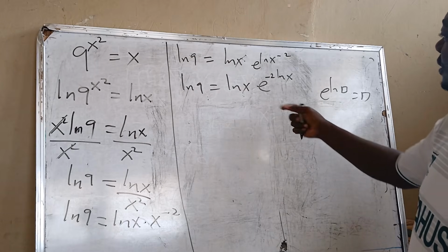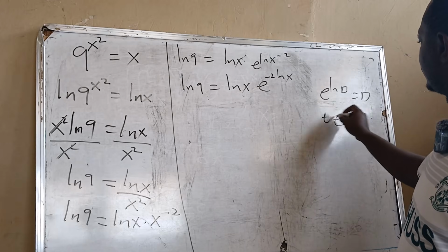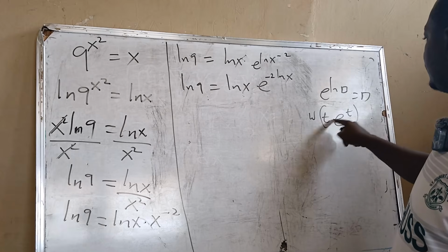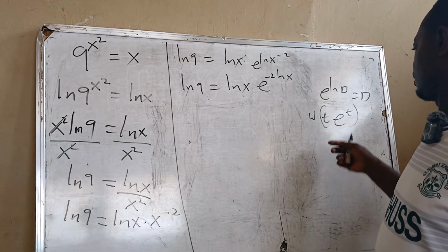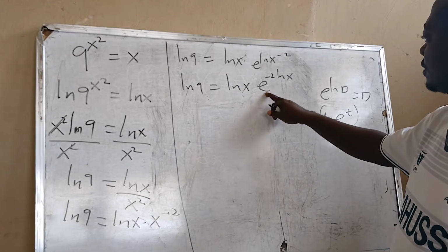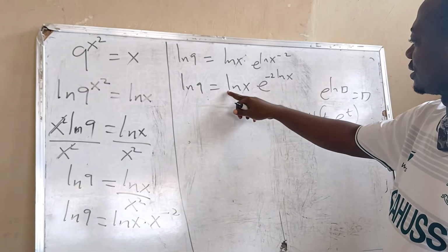Now, don't forget that our e has been achieved here. So when you have t times e to the power t, and you take the W function, the answer will be one of them. So we have this equals that. Now let's check this. This is the e, then we have minus 2 ln of x, and this side is ln of x.